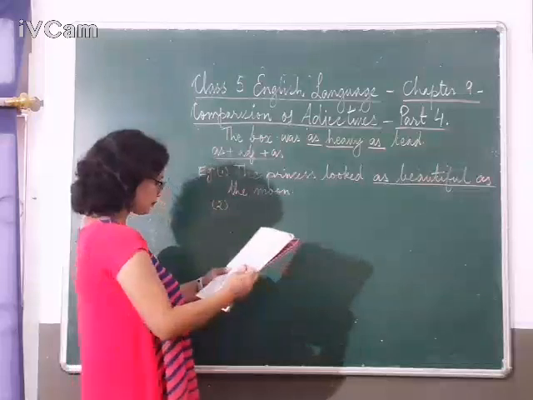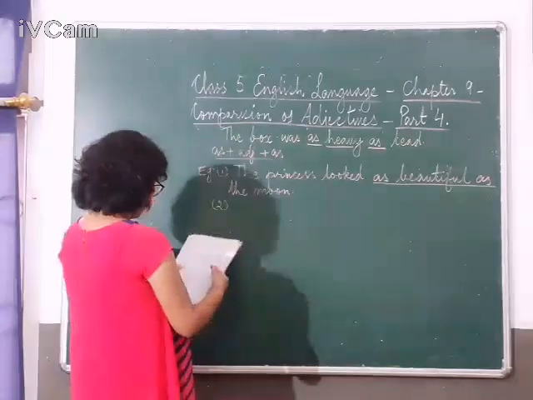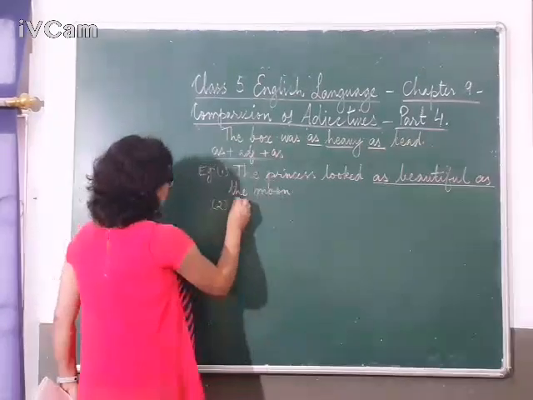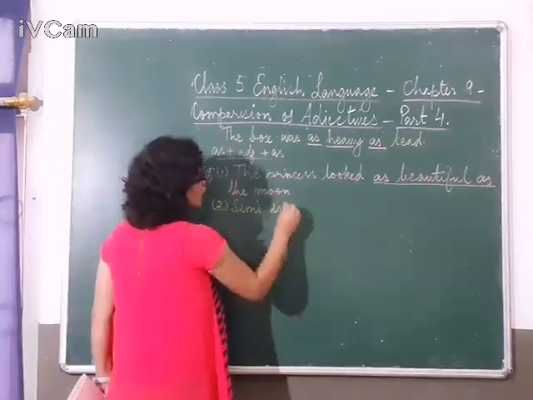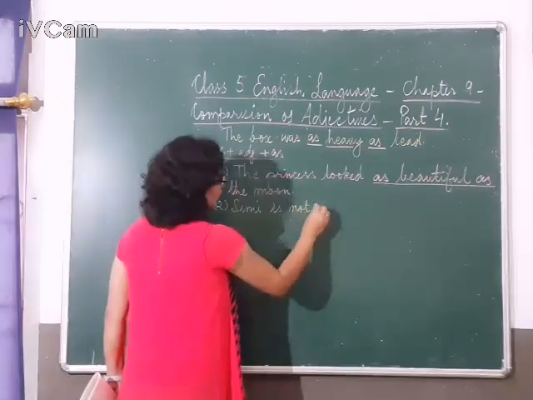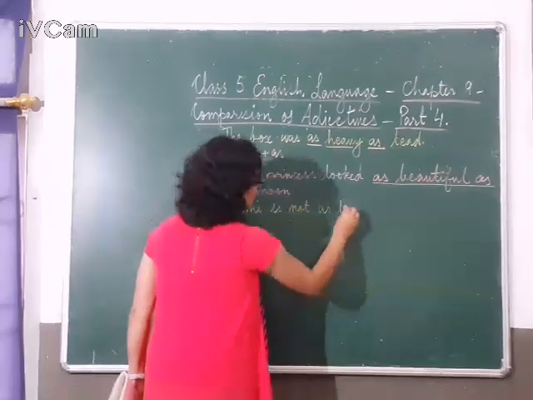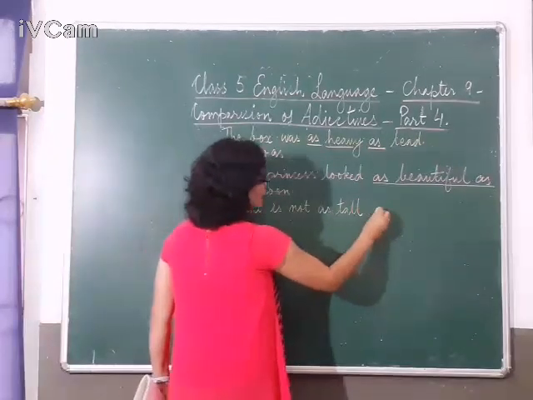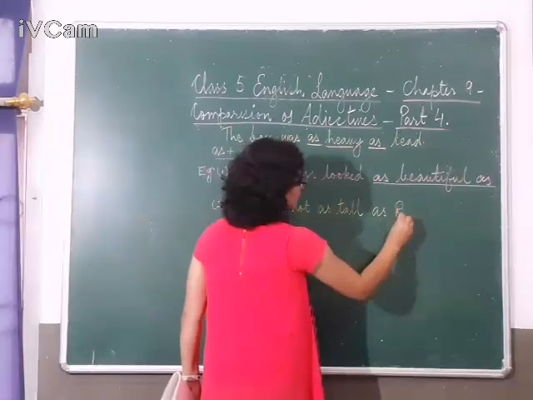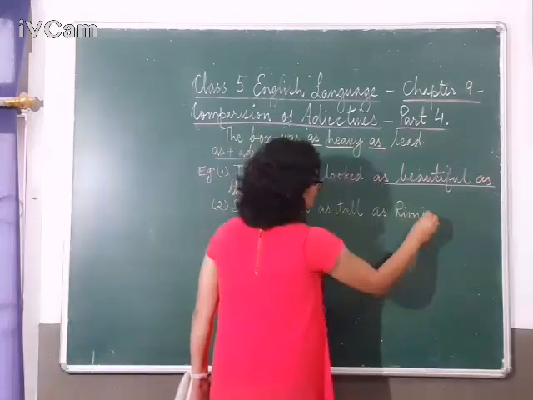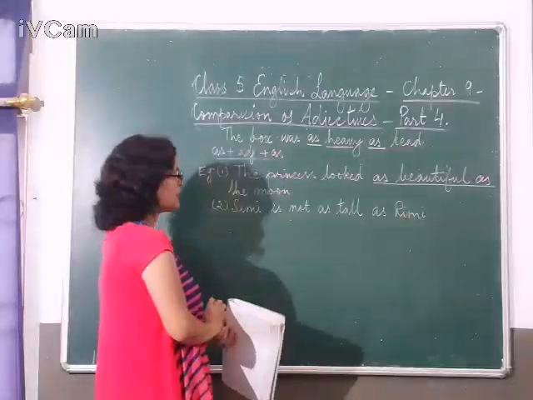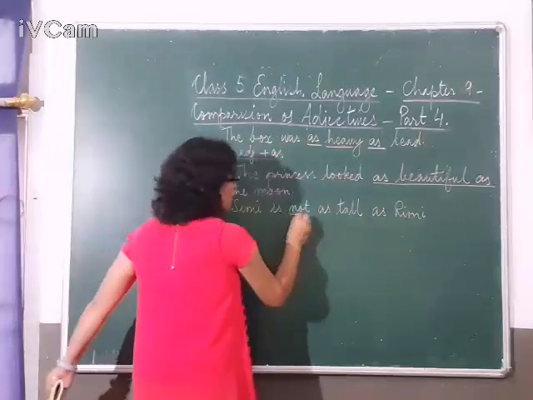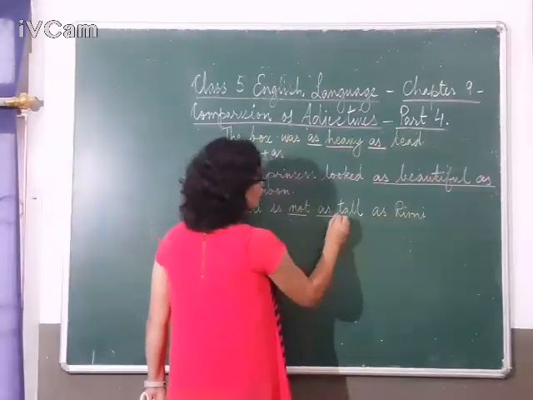Alright, now look carefully at sentence number 2. Simi is not as tall as Remy. The comparison between these two, Simi and Remy, okay children, look here, the words not as tall as.